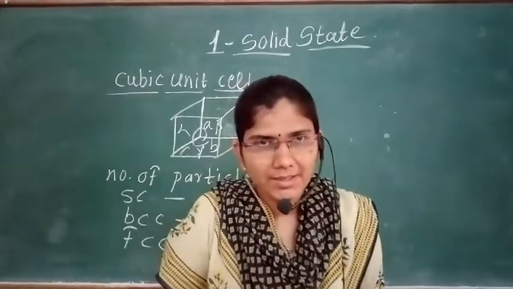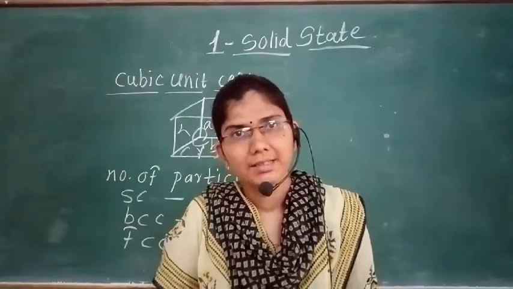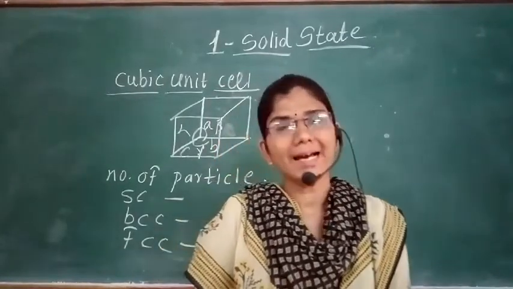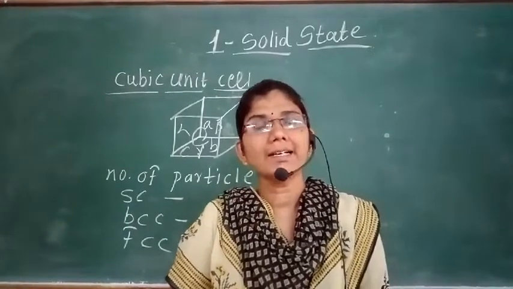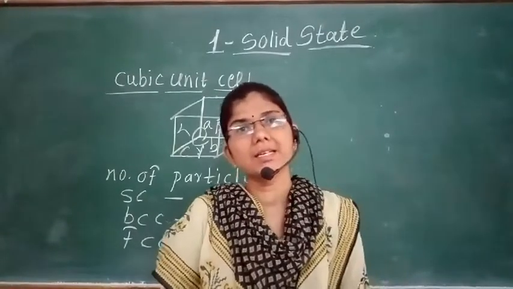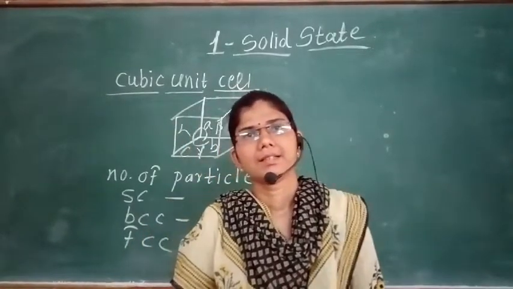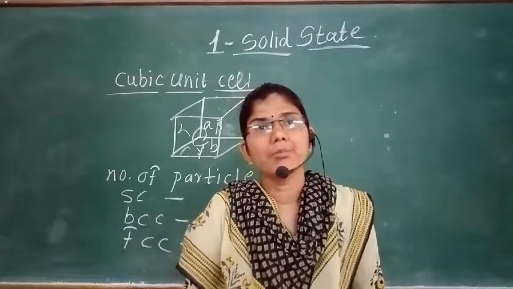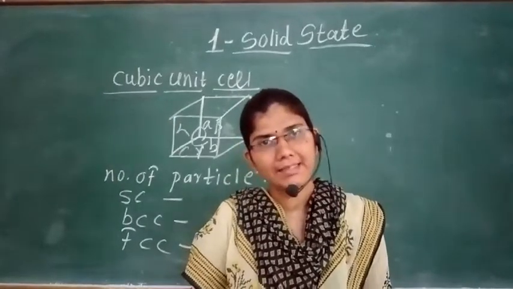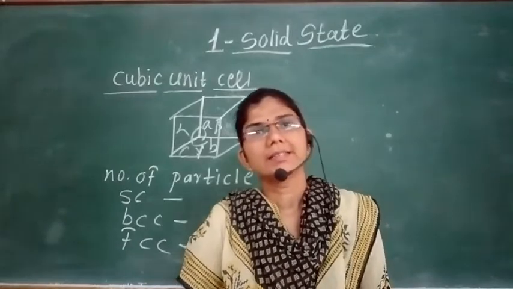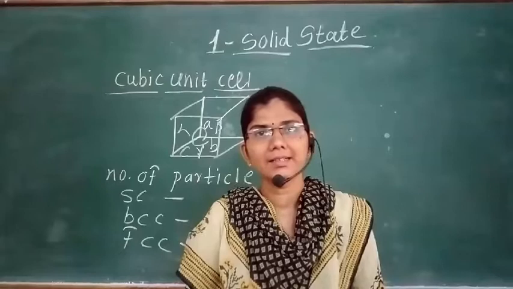So dear student, in the last lecture we have seen that, by mathematical analysis, the points are arranged in space in 14 different ways. This is called a Bravais lattice, and therefore there are 7 types of unit cell.